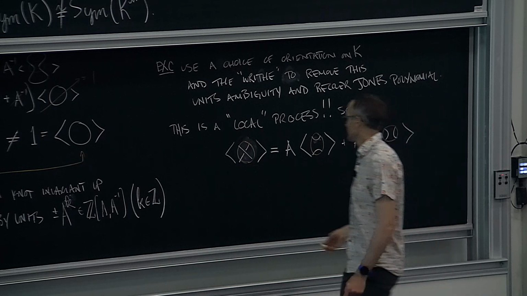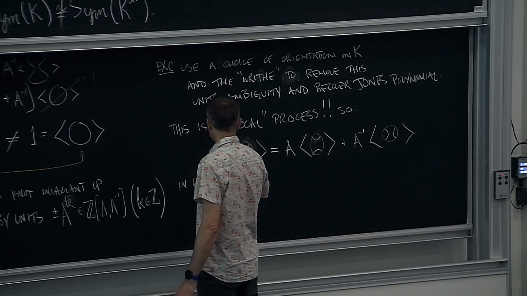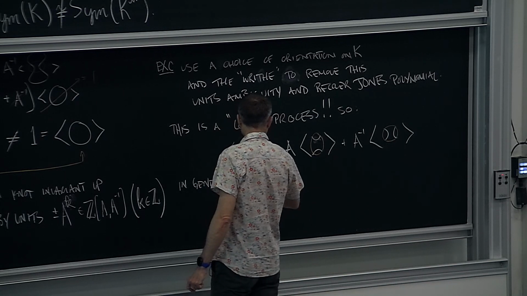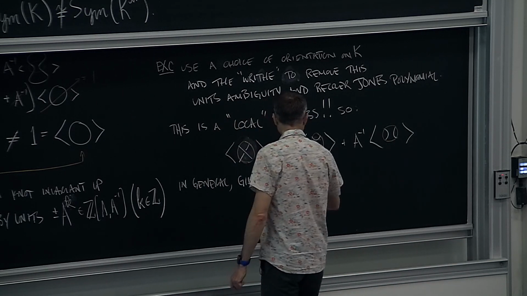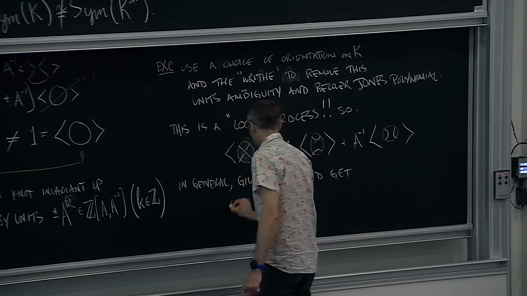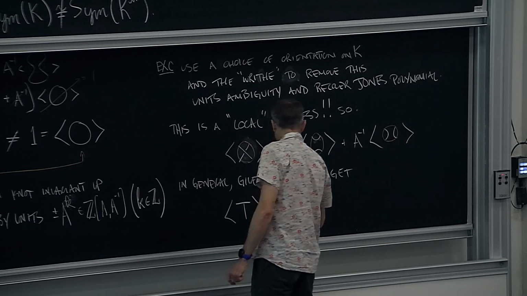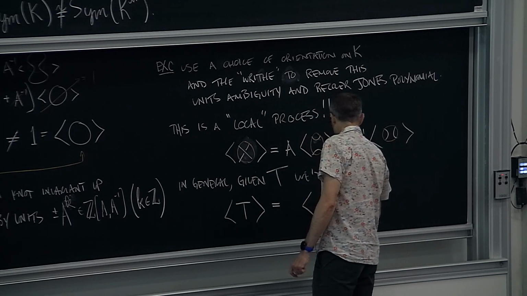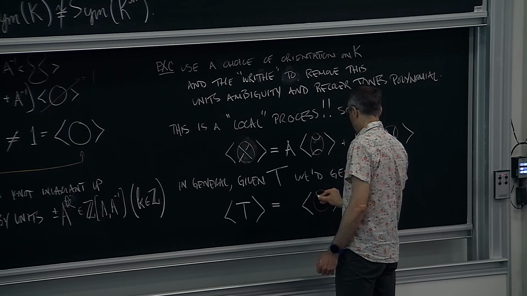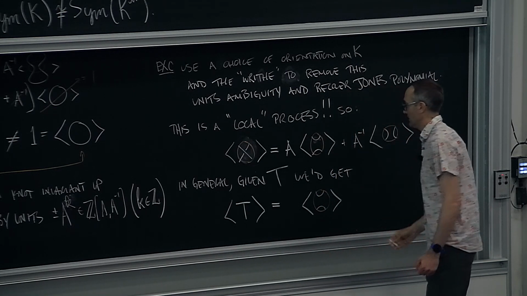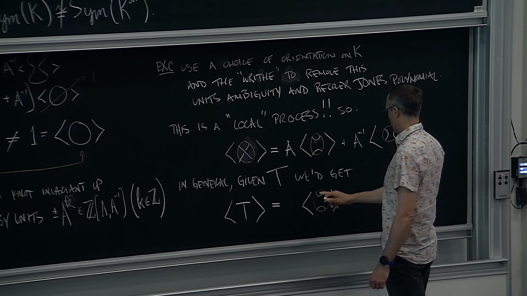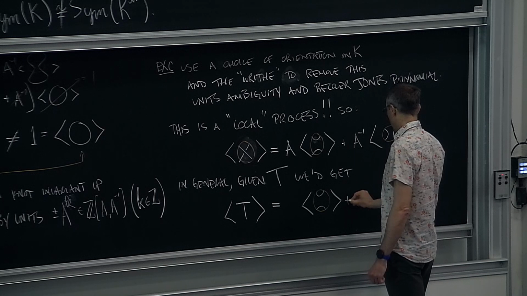Right? So this, in general, given some tangle T, we'd get something that looks like T equals some term involving this symbol, bracket of the crossingless tangle that joins the northern points and the southern points.